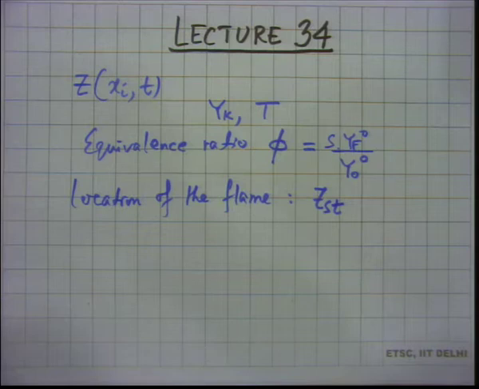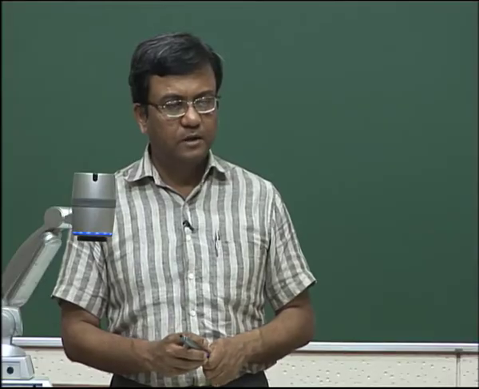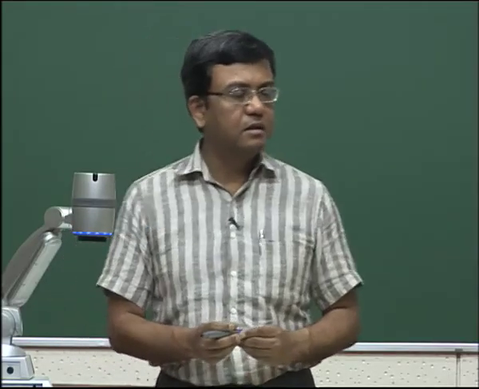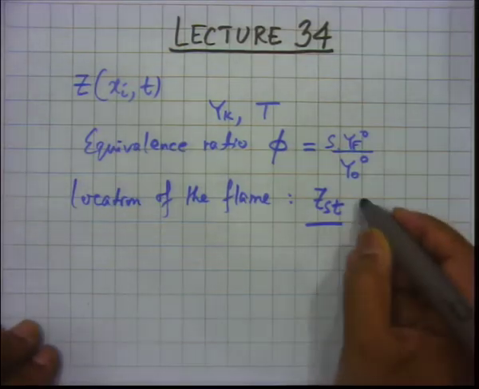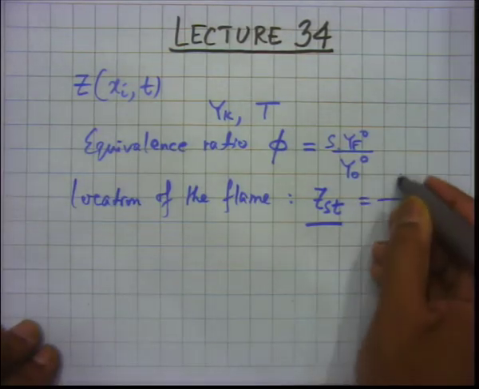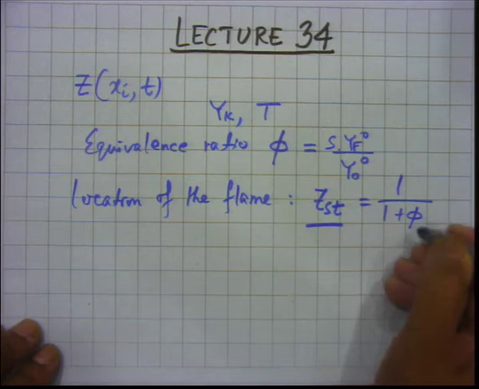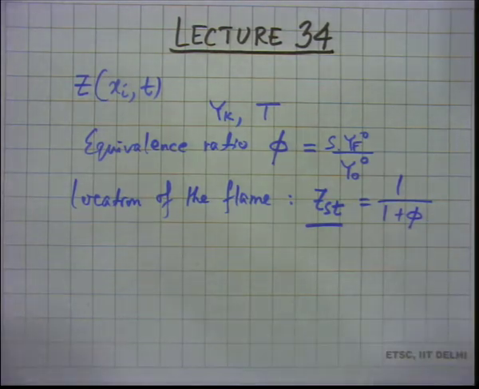But if you write one set of expressions for inside the flame and another set for outside the flame, then you have to know where the flame is. And the flame is actually at Z equal to Z stoichiometric, and Z stoichiometric was given by 1 over 1 plus phi. Okay. So I'll spend just a few minutes on this phi.